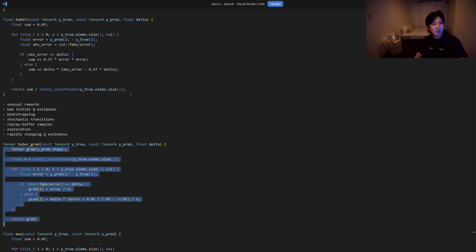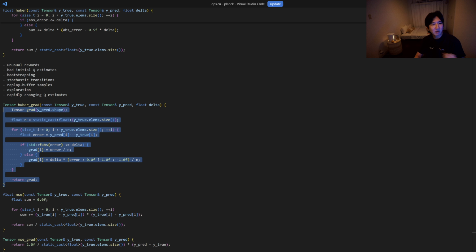If the error is bigger than those values, you can say that the error is big. And with Huber, if the error is greater than 1, you won't square it, but with MSE, you will square it.